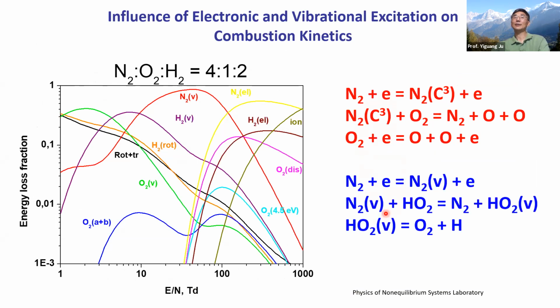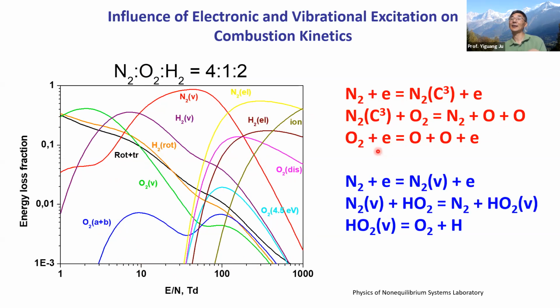If you look at a hydrogen-oxygen mixture, and today there is a lot of interest in hydrogen, you can see that at lower electron energy, you are exciting the A state and rotational and vibrational oxygen. But in a high-energy non-equilibrium plasma, you start to dissociate, and you can generate ionization. The vibrational state is not excited at very high electron volts. So you have electron impact with nitrogen generating the nitrogen C state, and the nitrogen C state reacts with oxygen, generating two atomic oxygens.